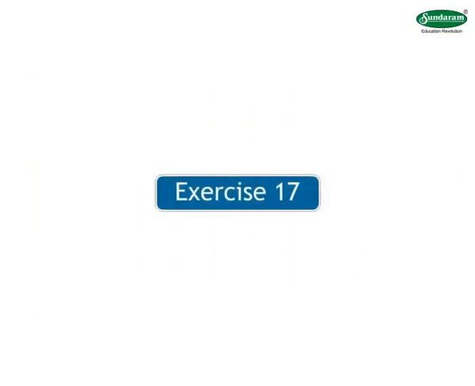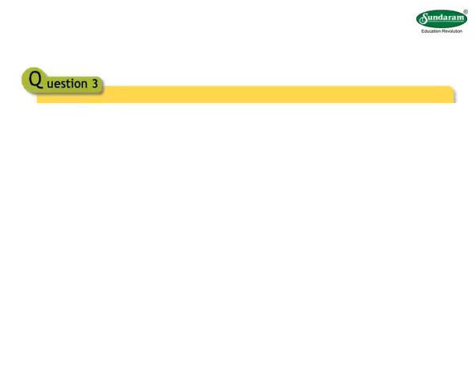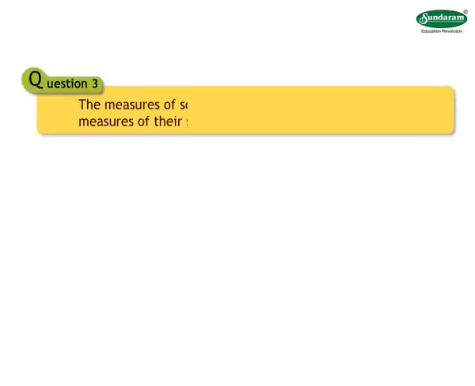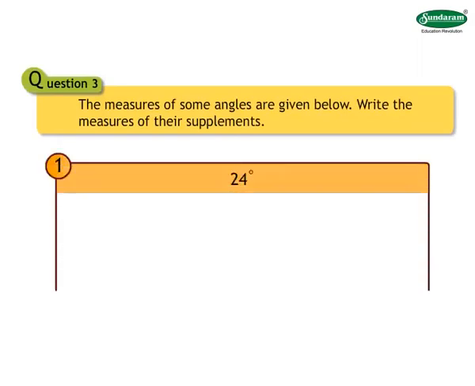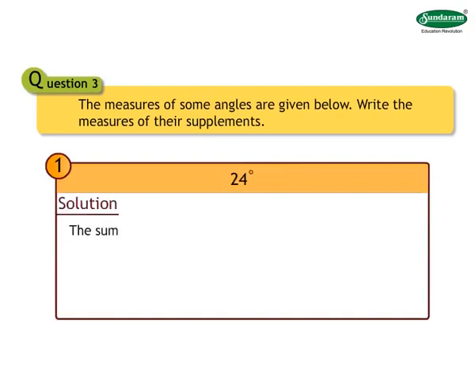Now let's solve sums related to supplementary angles from exercise 17. Question 3. The measures of some angles are given below. Write the measures of their supplements. Number 1. 24 degrees. Solution. The sum of the measures of supplementary angles is 180 degrees.